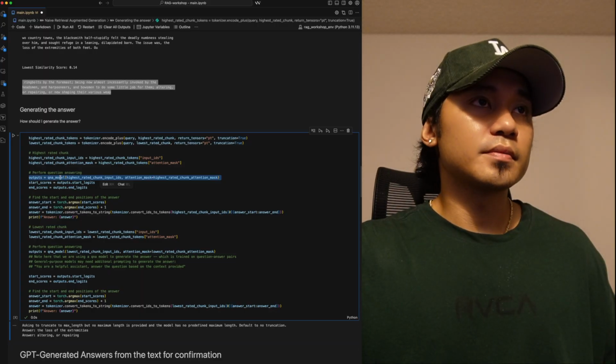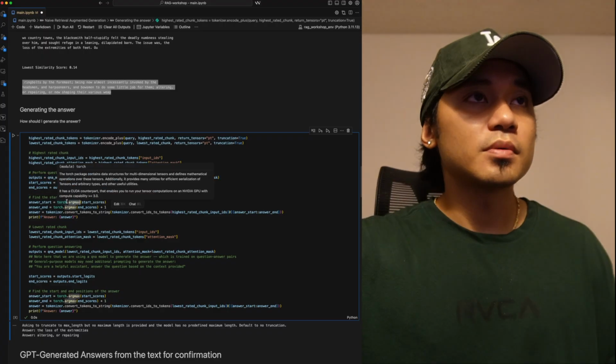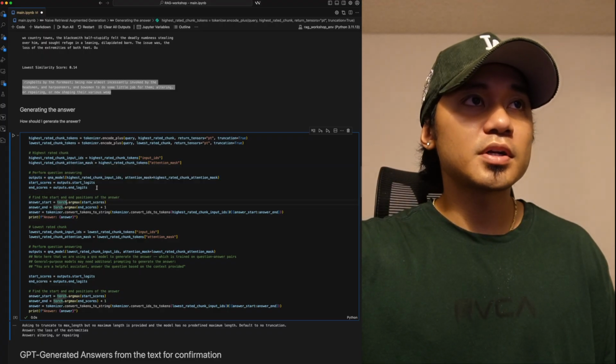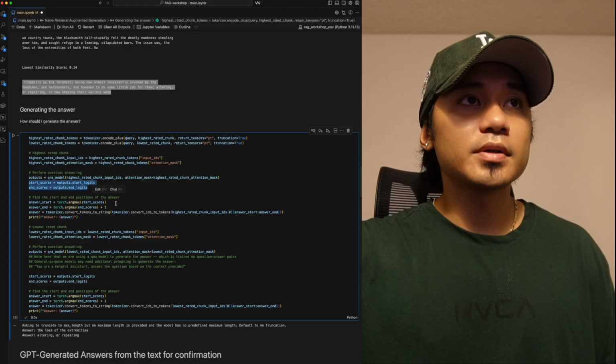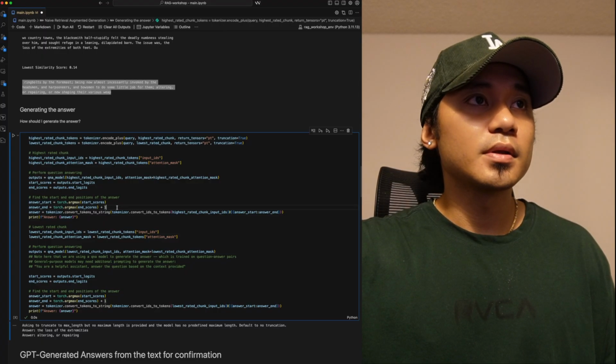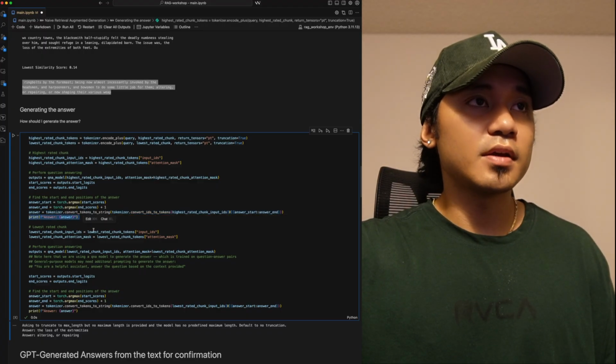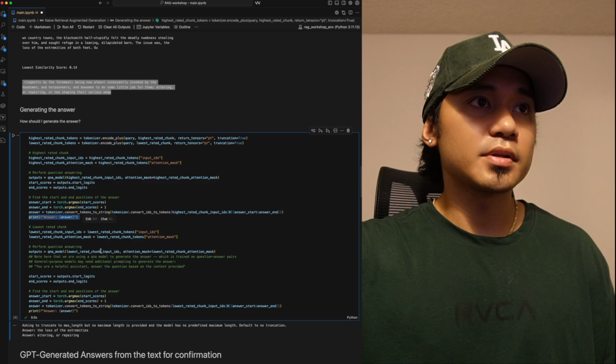We're going to get the start scores and end scores, and then find where we think the answer starts within the context and where the answer is going to end, by the highest score. Then we're going to turn those tokens back into a string and review its answers. And we're going to do the same thing for the lowest rated chunk that is here.